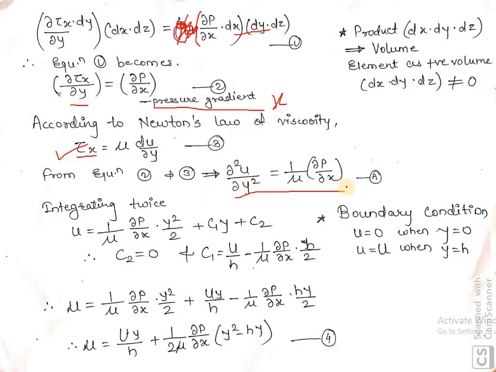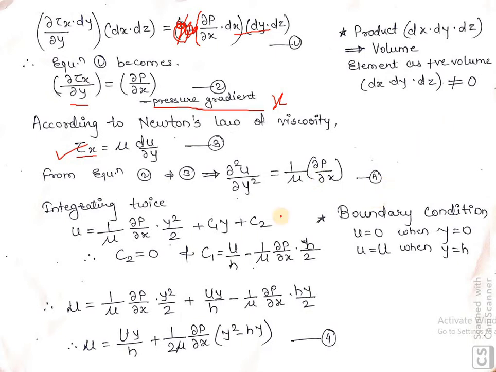So here is the equation: ∂²u/∂y² equals 1 by μ ∂p/∂x. Now as we have got this equation and we are interested in finding the velocity, we have to derive the equation in terms of u. So integrate this equation twice. So ∂²u/∂y²: when you integrate it initially, what you will get is ∂u/∂y equals 1 by μ into ∂p/∂x into y.